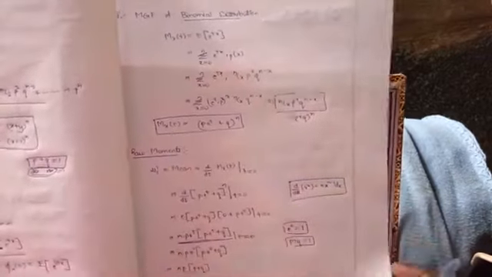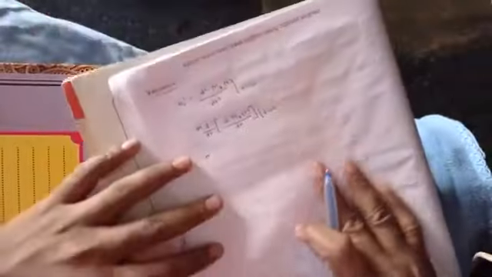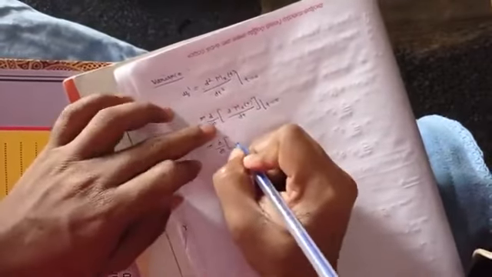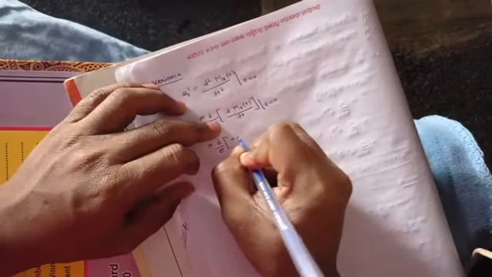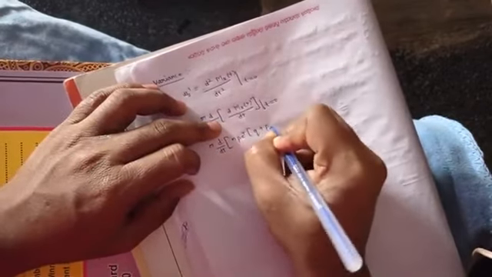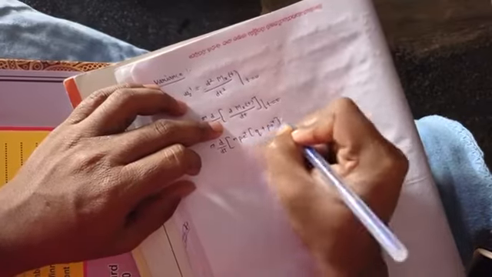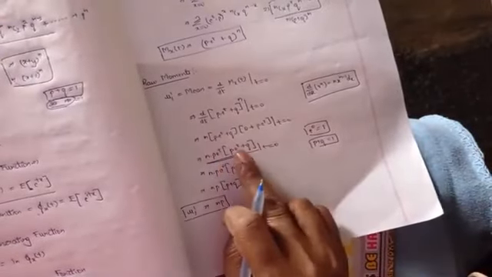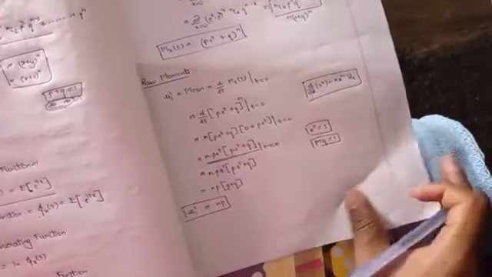So now let us take this equation, d by dt of np into e power t into (q plus p e power t) power n minus 1. This is the equation we have got here.